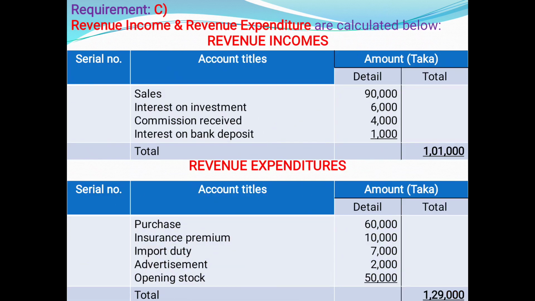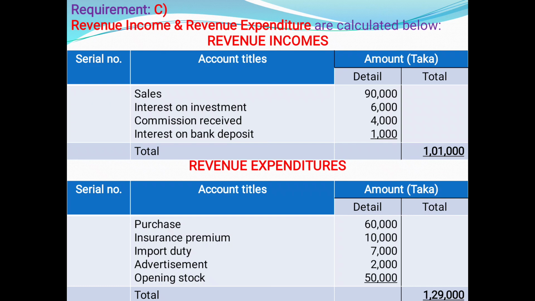Two formats are to be drawn for the revenue income and revenue expenditure amount calculation. At first, for revenue income, the same format is to be followed as in requirement A. So I think you have drawn two formats, one for revenue income and another for revenue expenditure.